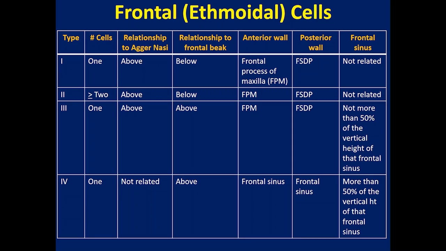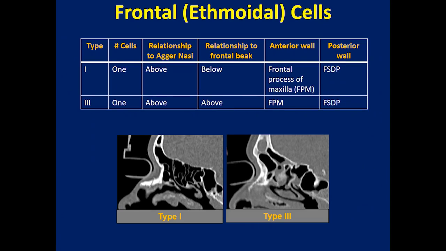Extensive pneumatization can encroach upon the frontal ostium and the frontal recess. Type 1 to 3 frontal cells all sit atop the Agger Nasi cells and are best imaged in the sagittal and coronal planes. The type 4 cell is rare in that it lies as an isolated air cell within the anterior frontal sinus, not related to the Agger Nasi cell.